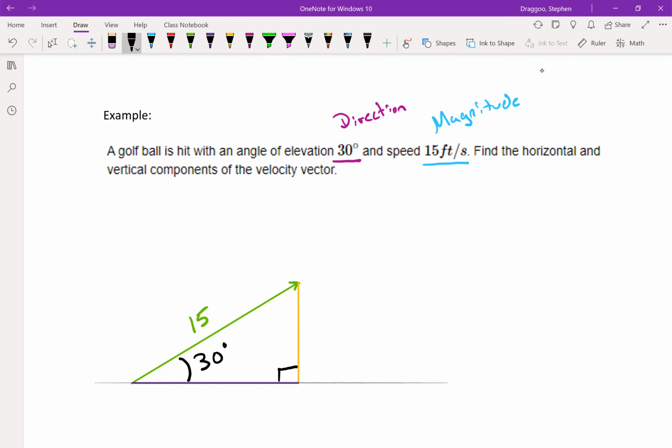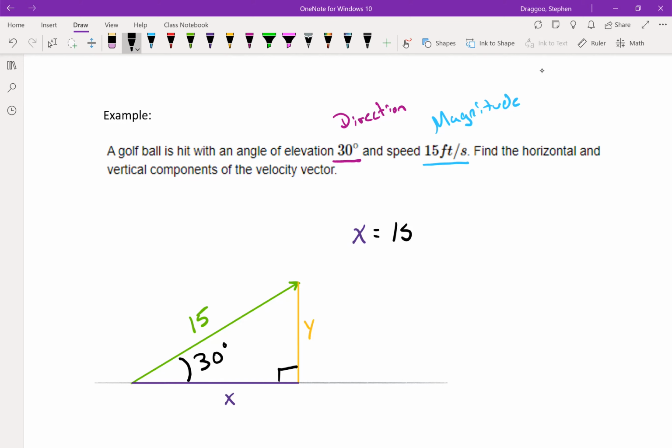So if we want to break this thing down into its horizontal and its vertical components, maybe I'll label those x and y, and they are just the legs of a right triangle, where x, the horizontal component, is the adjacent side of that triangle, and the adjacent side should be equal to the hypotenuse times cosine of theta.